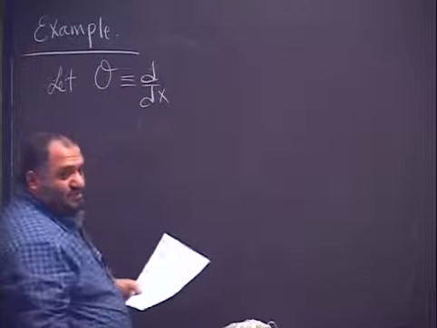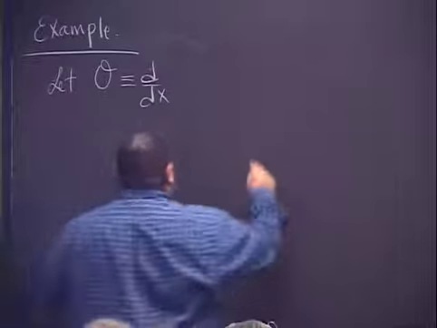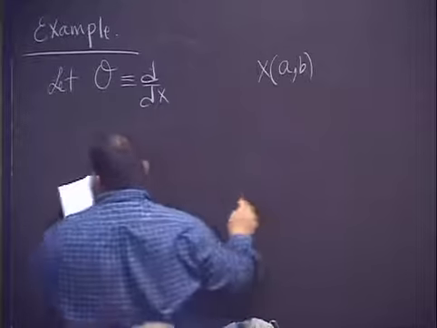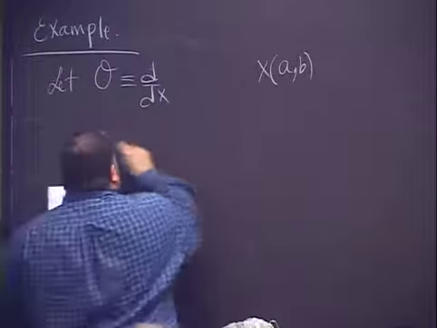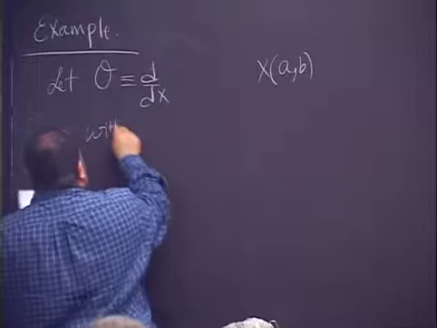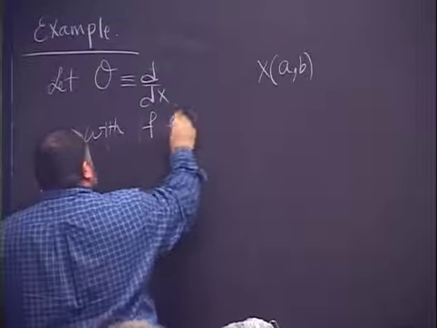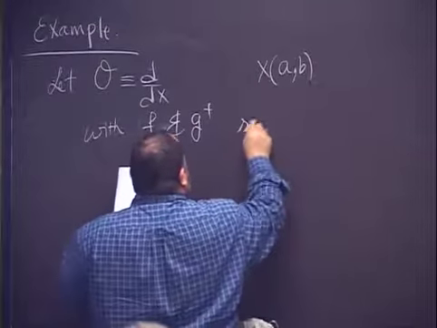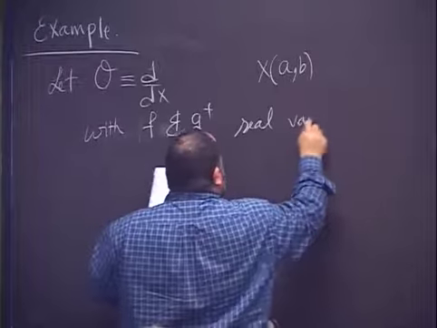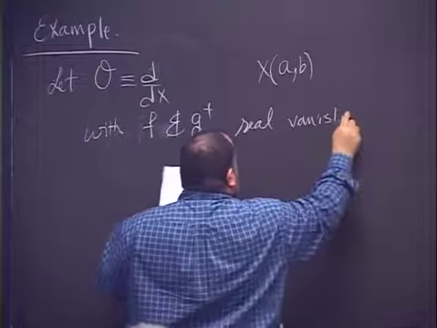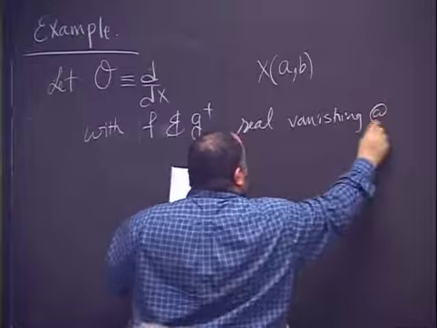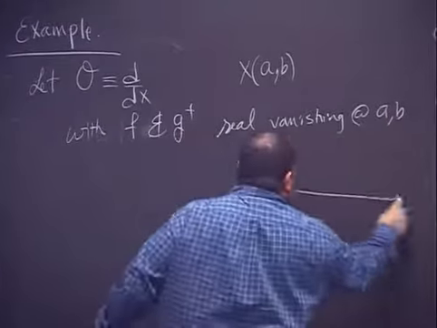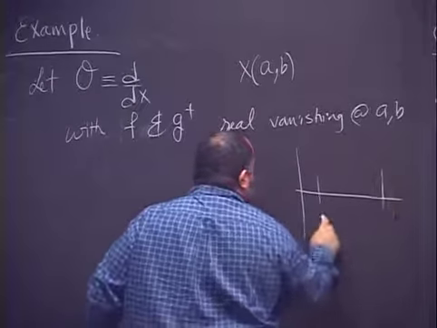It's just the first derivative operator, and it is defined in a region between A and B, where both f and g dagger are real functions, and they are vanishing at A and B.